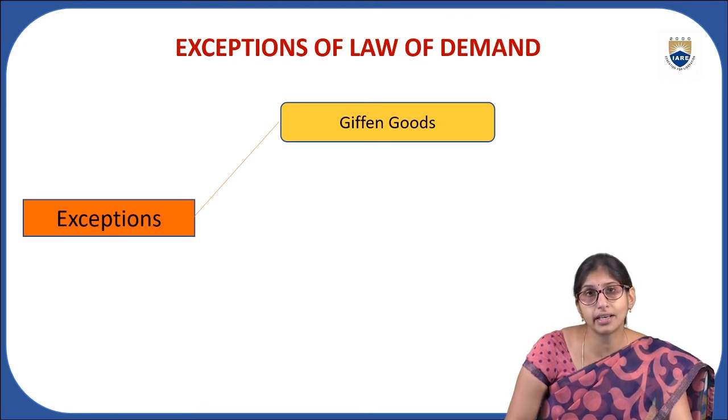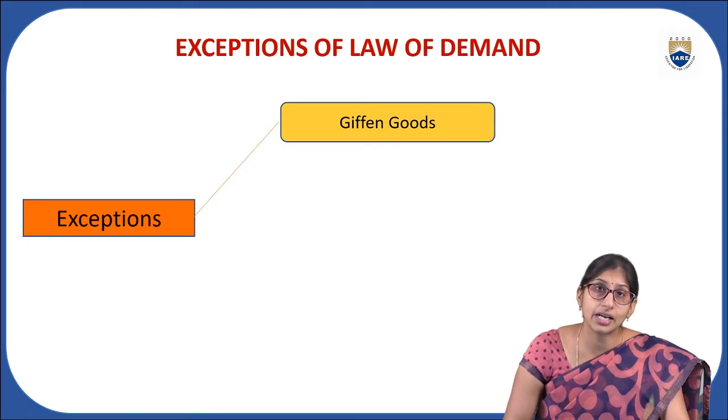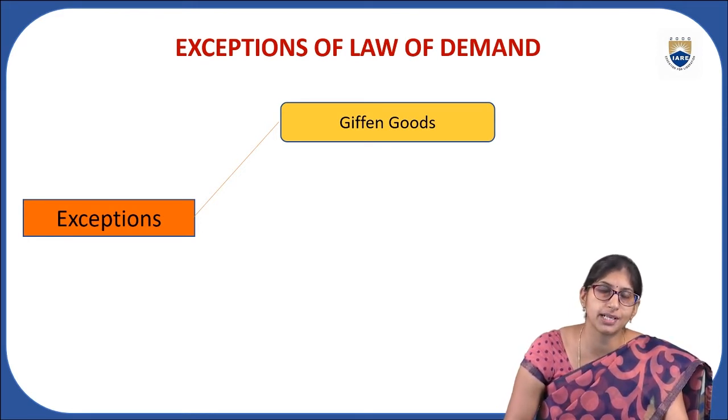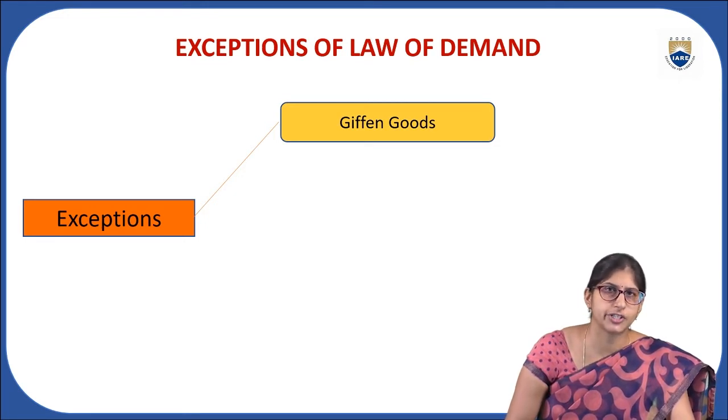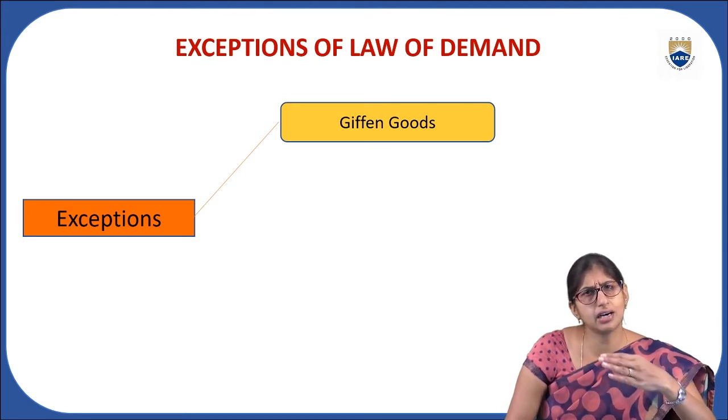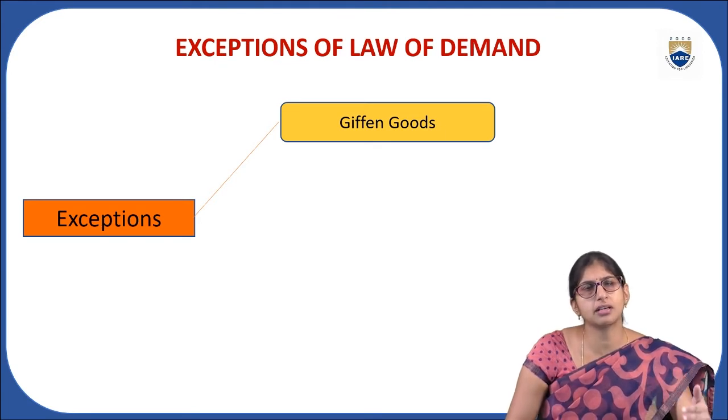He earns that 100 rupees and spends the same 100 rupees to fulfill his basic needs, like food. So he is going to buy, let us say, 1 kg of rice and half a kg of dal or vegetables with that 100 rupees. Every day he earns 100 rupees and spends it to buy dal, rice and vegetables.